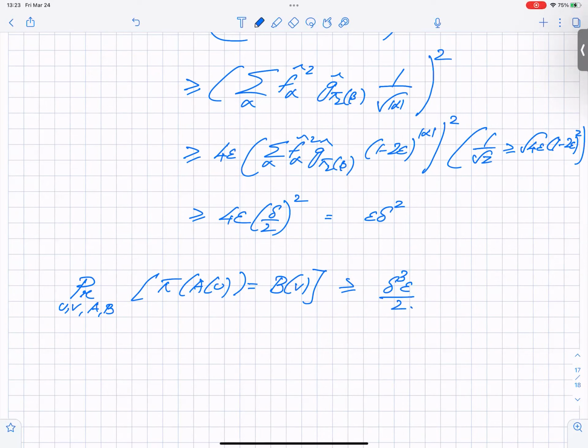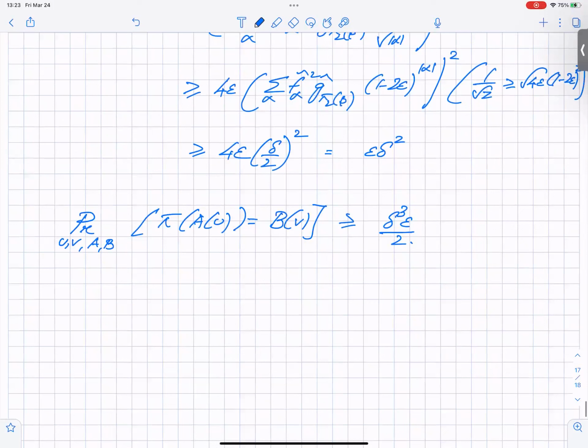So you choose your mu, the label cover mu, to be smaller than this. So what's the label cover mu? If you choose mu to be delta cube epsilon by 2, then P is not a noise.